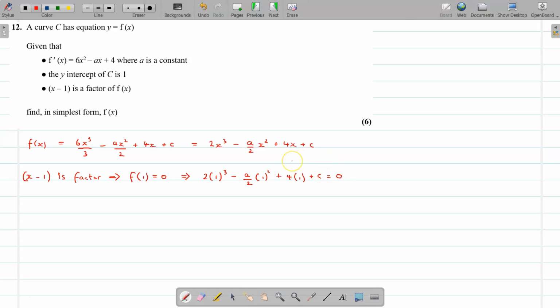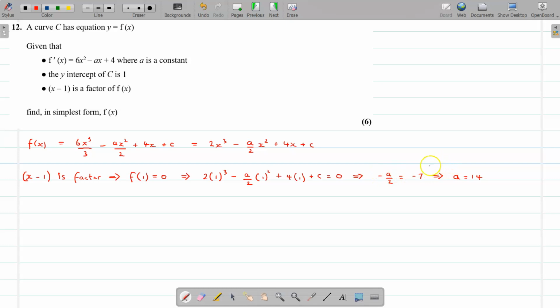Okay, and if that's true, then if I just work that out, it gives me that minus a over 2 equals minus 7, or a over 2 equals 7, or a equals 14. Okay, so I'm starting to find out these variables.